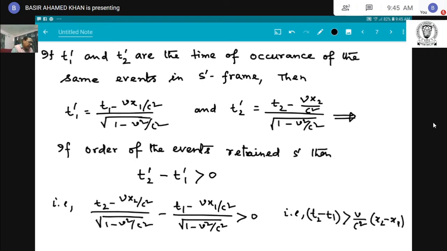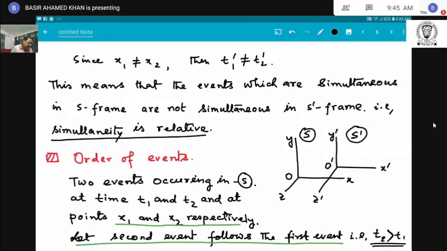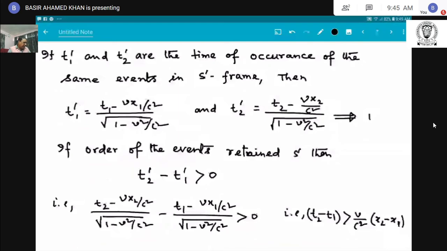Suppose this is equation 1. Then if the order of the events is the same in the S dash frame, t2 prime minus t1 prime should be greater than 0. I put these values from equation 1 and we get this minus this greater than 0.